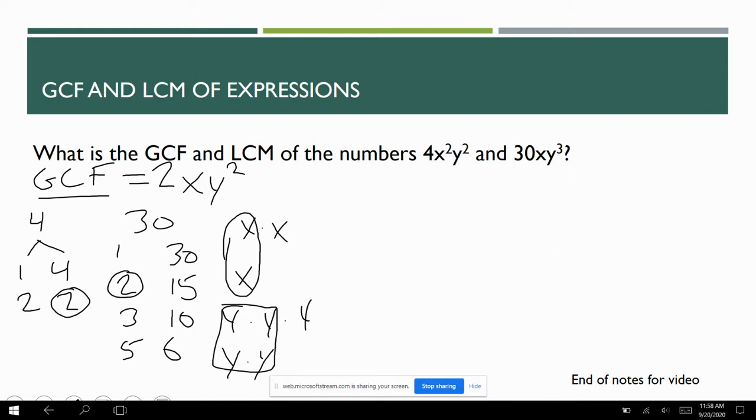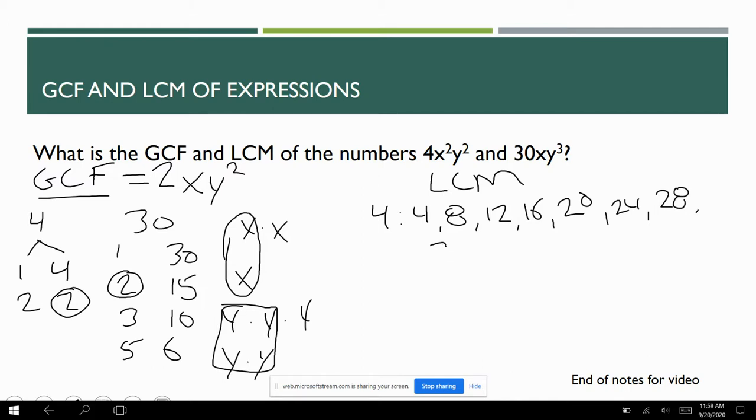Okay, we can follow the same path with our LCM, our least common multiple. So we need to identify the multiples of 4. Okay, 4, 8, 12, 16, 20, 24, 28, 32. We're going to have to keep going because it's 30.